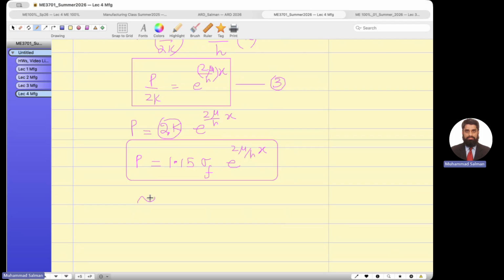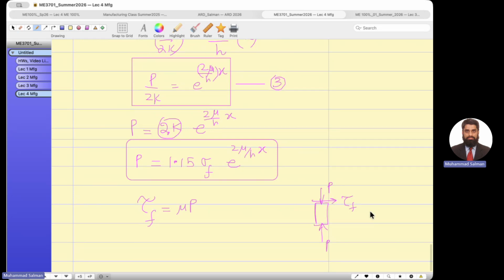And then the friction stress is mu times the normal pressure. This is my normal pressure upward, and the friction stress is to the right side, because this is the center line and this is the left hand side. Material is flowing to the left hand side, so the shear friction stress is to the right hand side. Let me show you.